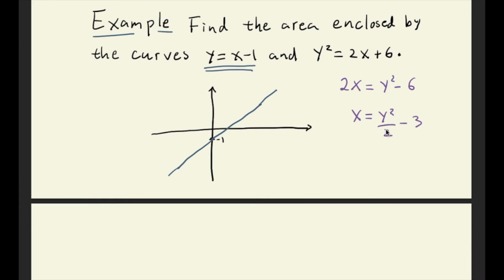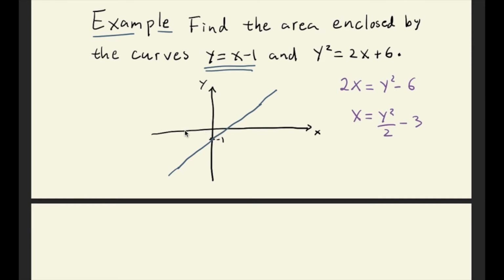And if you think about what's going on here, here's the x-axis and here's the y-axis. This is just a positive parabola. And when y is equal to 0, x is at negative 3, correct.